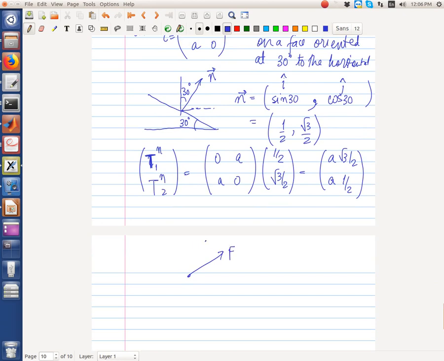So the normal was oriented at 30 degrees. So what is the angle of the force? We know that the x component of force is square root of 3 by 2 a and the y component of the force is a by 2. So what is this angle? So sin theta in this case becomes half.